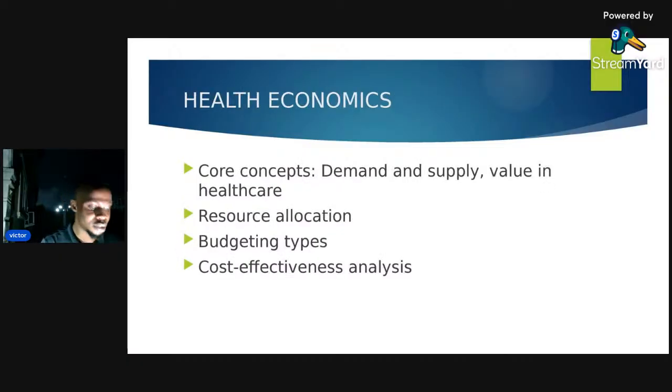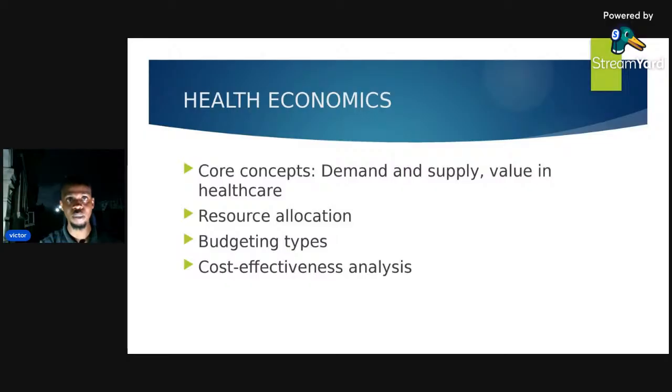For your health economics, it is just how you manage resources in the health facility or health institution. You also know that human beings are also resources. Your equipment, they are also resources. So how you manage these resources for effective care, that is all about health economics.